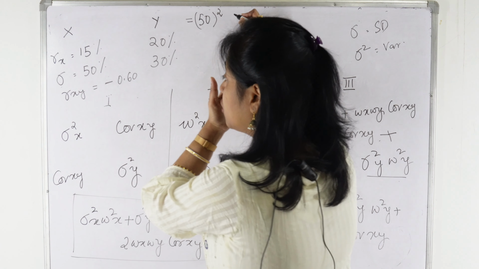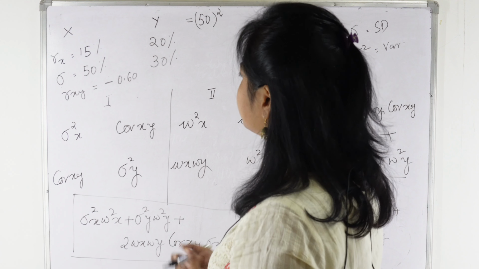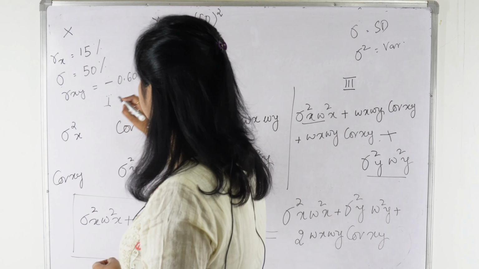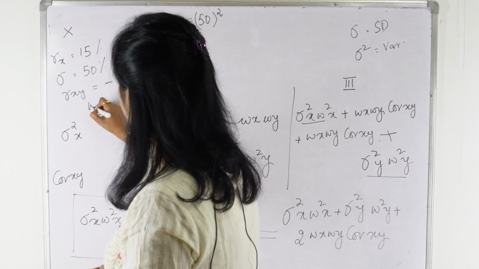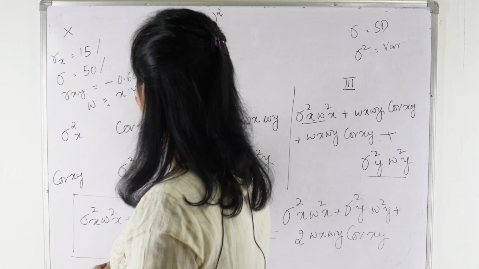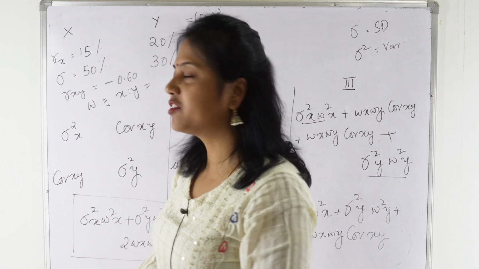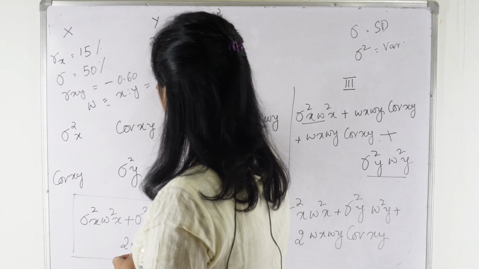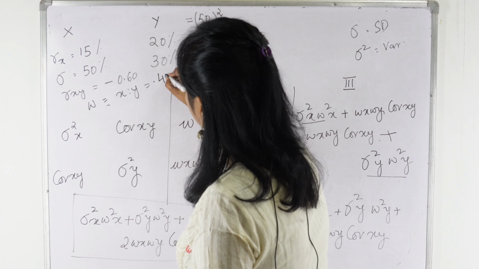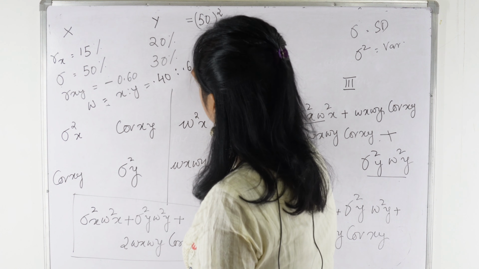So how much is the weight of x? Let's suppose in the question it is not written, so I'll just propose that the weight is like this, that x is to y, means investment in x and investment in y is in the proportion of, let me propose, 0.40, 40%, to 0.60, means 60%.